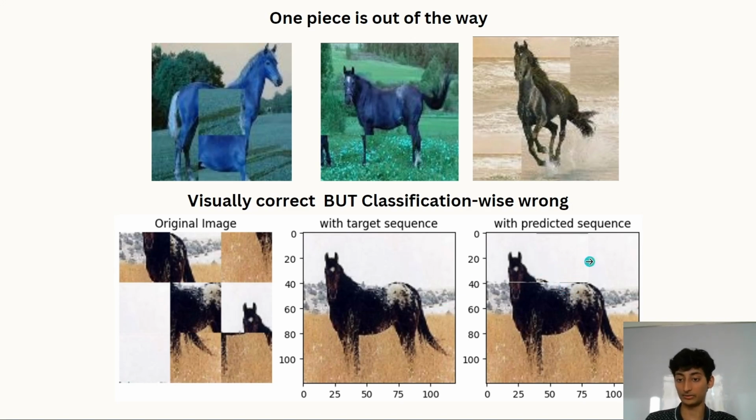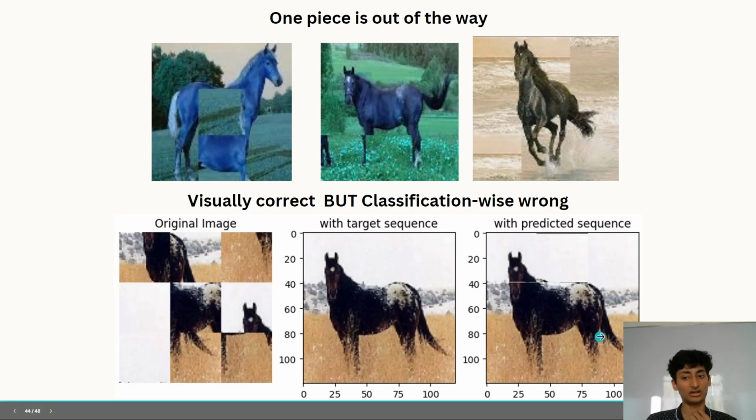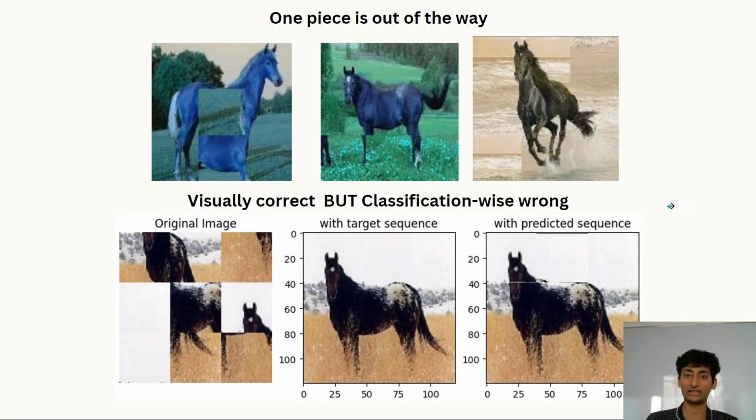These two tiles are wrongly placed, but since both of them are entirely white in color, it's difficult for a human as well as a model to distinguish between these two tiles. So the target sequence and the predicted sequence visually look good, but the classification accuracy goes down. Some papers have taken this to be 100 accuracy per piece because it's visually correct. We did not do that. So that's why our accuracy scores are below a certain threshold.